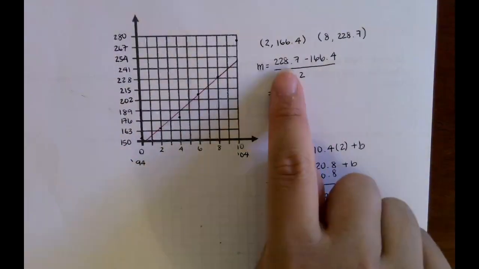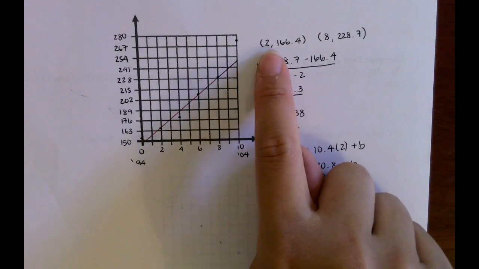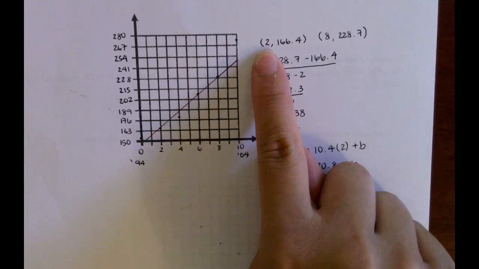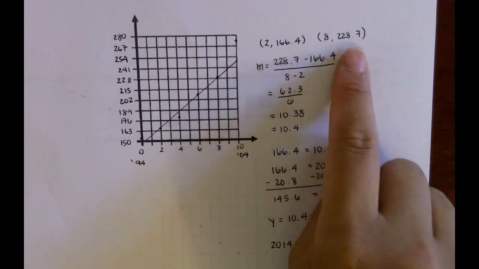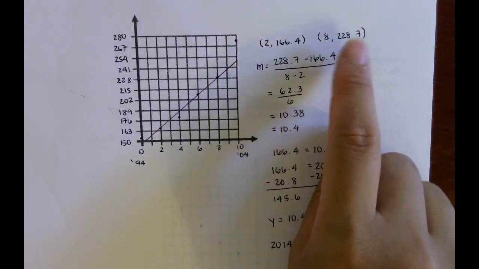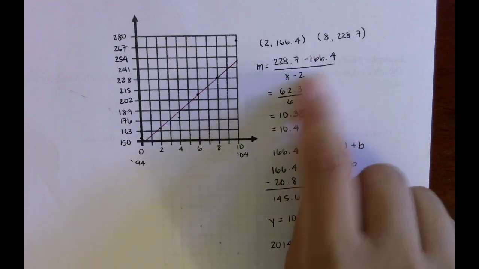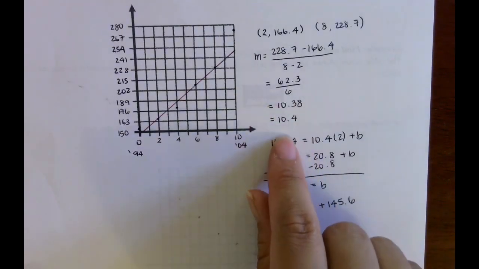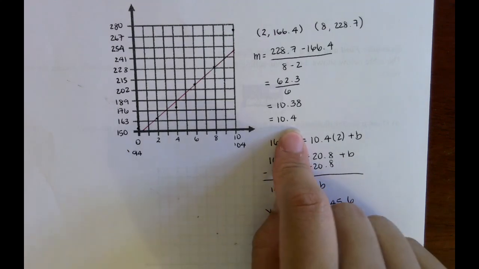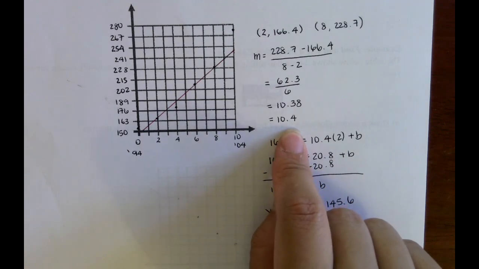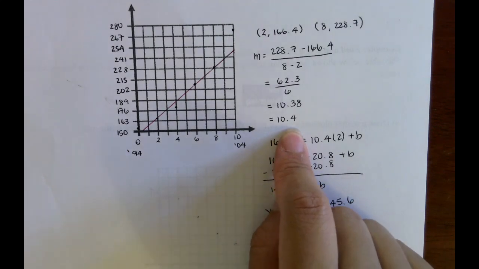Okay. So here, since the book used the second year, or 1996 and 2002, that's where these numbers come from. So we did 228.7 minus 166.4, and then 8 minus 2. Okay, that simplifies to about 10.4. So if your number is somewhere there, it doesn't have to be exactly 10.4. It doesn't have to be 10.5 or 10.3.